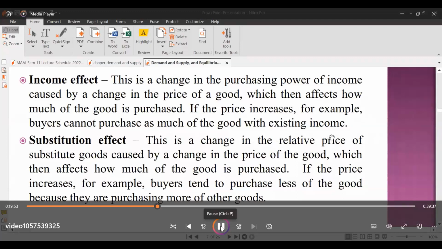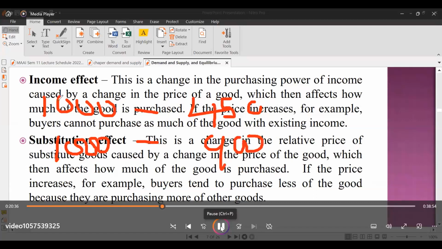One reason is the income effect. For example, if we have 1,000 rupees and earlier the price of a milk packet was 450, then with the income remaining as it is, 1,000 rupees, but the price of the milk packet increased to 900: at 450 we could purchase 2 packets, but with the same income now we can purchase only 1.